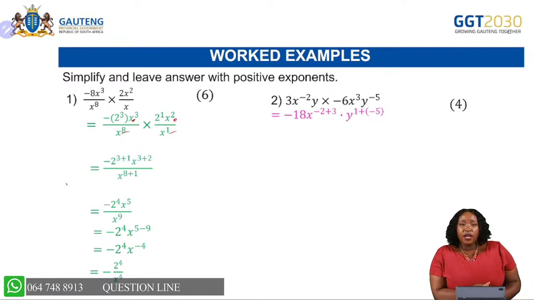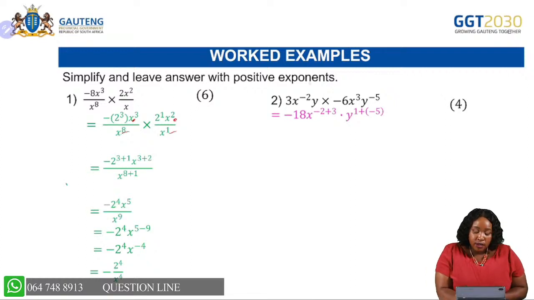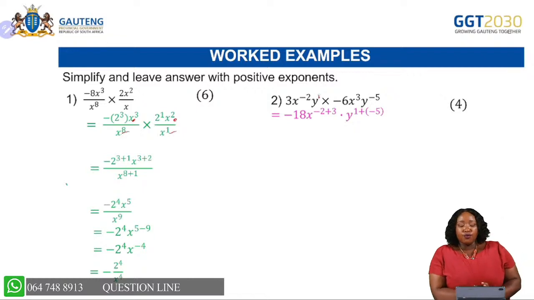Then from there, you can now apply your law. You are multiplying powers of the same base. Therefore, you're going to add the exponents. So you're going to say negative 2 plus 3 for your x. And then for y, this y is raised to the power of 1 there. So you have 1 plus negative 5, which is the same as 1 minus 5.